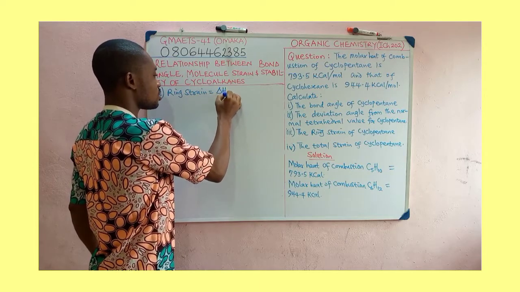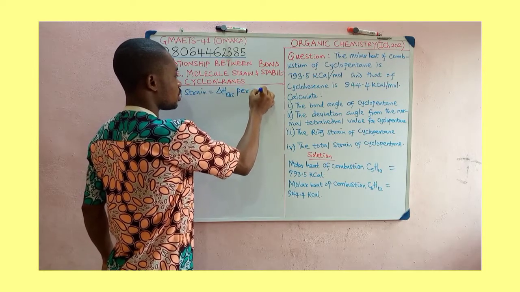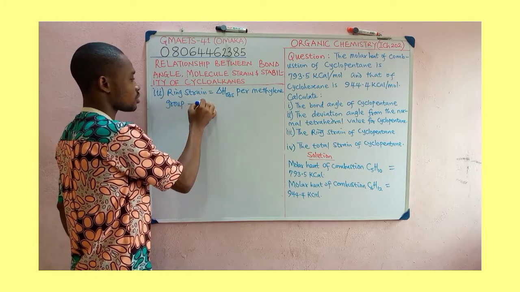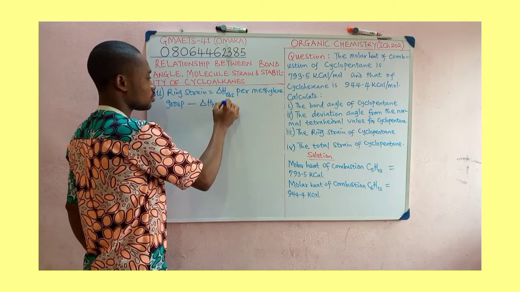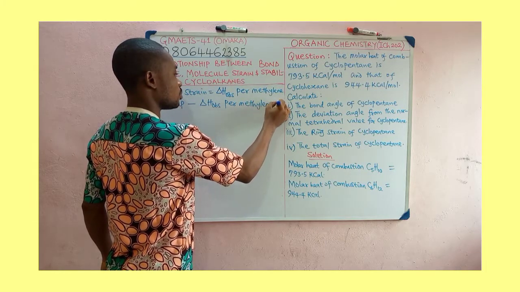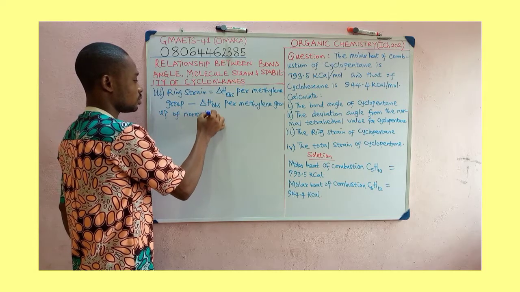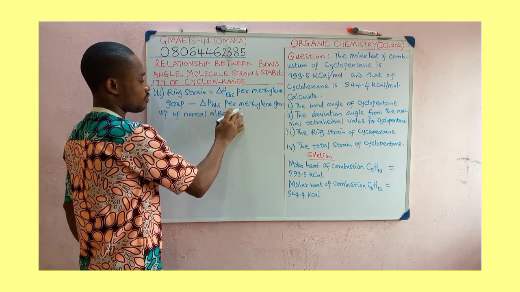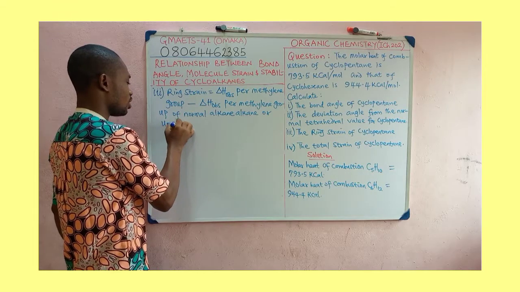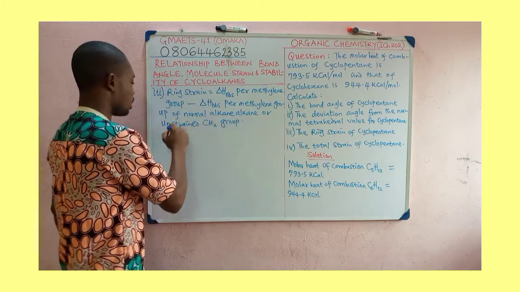So we're going to write this: the observed heat of combustion per methylene group minus the observed heat of combustion per methylene group of a normal alkane or unstrained CH2 group. So this is the formula.